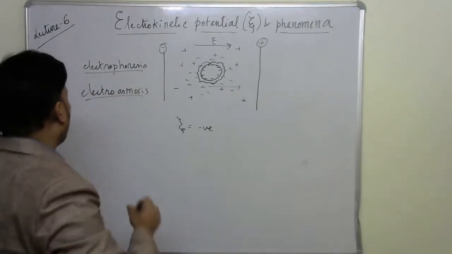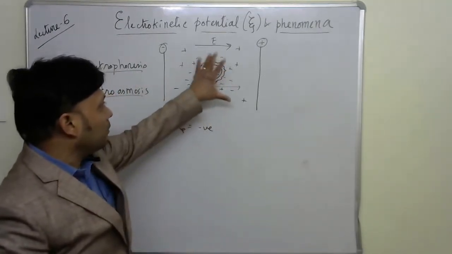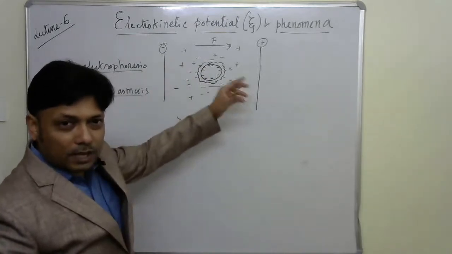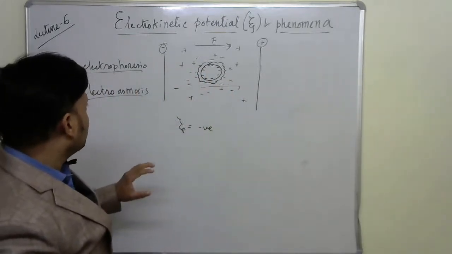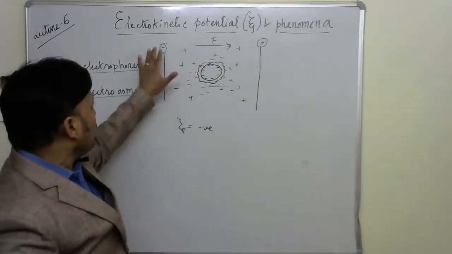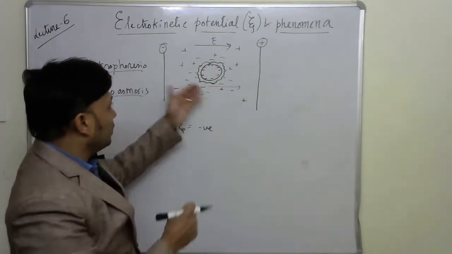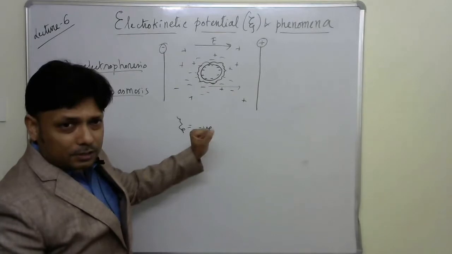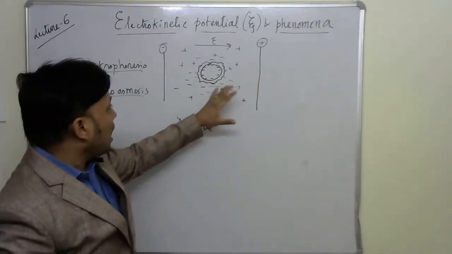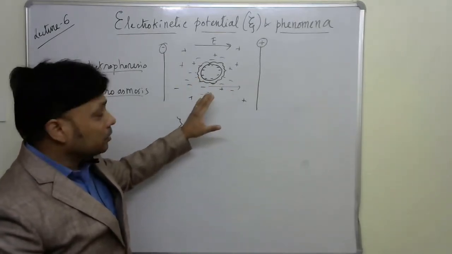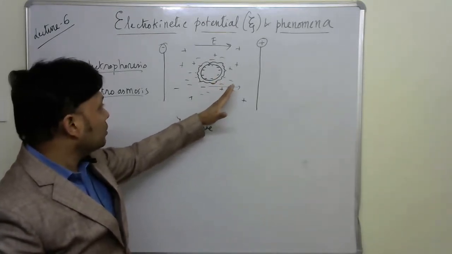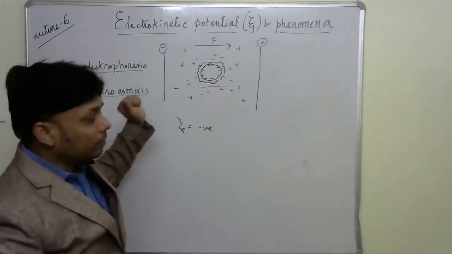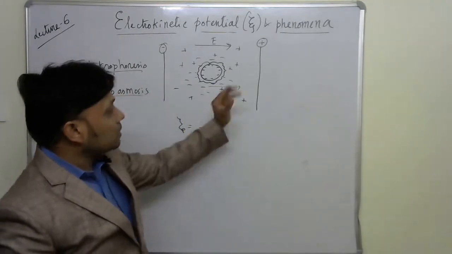Let's define them one by one. Electrophoresis is when this charged particle moves towards the appropriate electrode. But you see, whenever we put the electrodes, there are ions, so the ions present in the diffuse layer, that means the positively charged counterions, would move towards the negative electrode, and the co-ions would move towards the positive electrode.